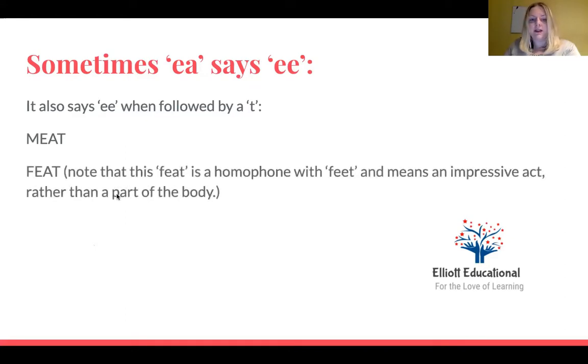Feet, and as I've said there, notice that this feet, when it's spelled F-E-A-T, is a homophone with the word feet, and F-E-A-T means an impressive act of some description, rather than a part of the body. Also the words neat and seat and treat.